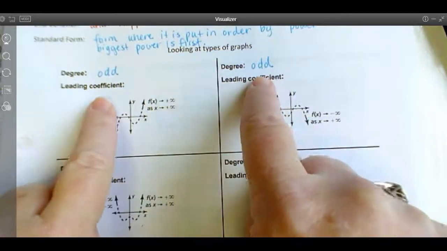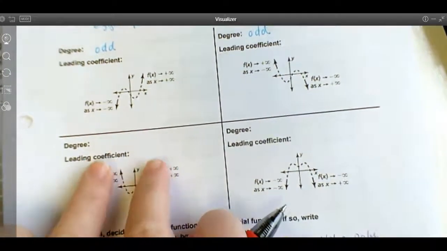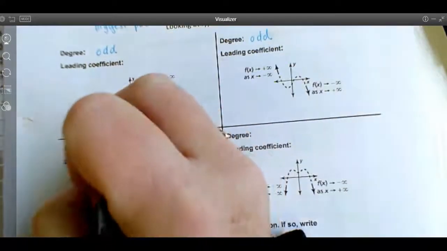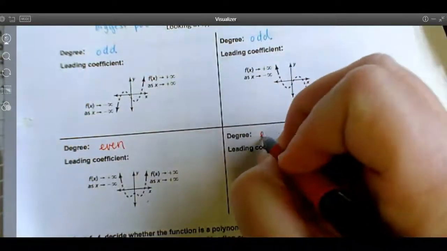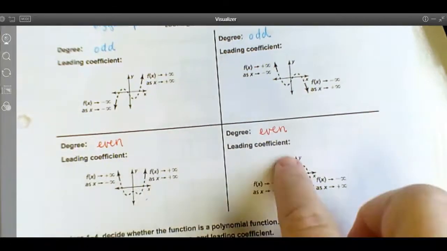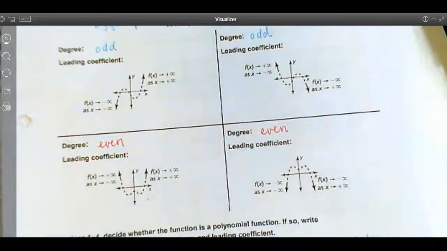And that makes it an odd degree. When they're doing the same thing on the ends, both going up or both going down, that makes it have an even degree. So if you see a graph and it says, what degree is it? Look at the ends. If the ends are doing the same thing, then it's even. If the ends are doing opposite things, then it's odd.